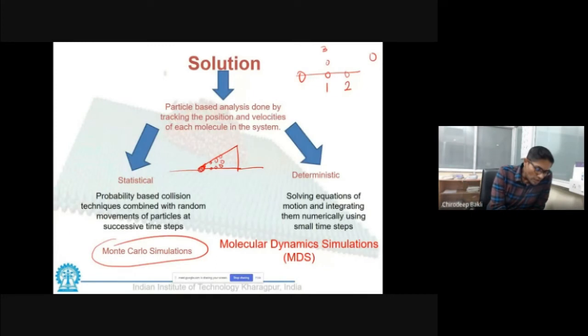A deterministic algorithm would try to find out what is the force that would be acting on this molecule sitting on the edge. And I know that this molecule sitting on the edge is interacting with the molecules that are behind it in the liquid, that are here in the gaseous state, that are here in the solid state. So I try to find out what is the force that is acting on it.